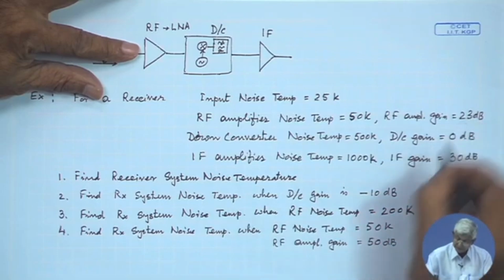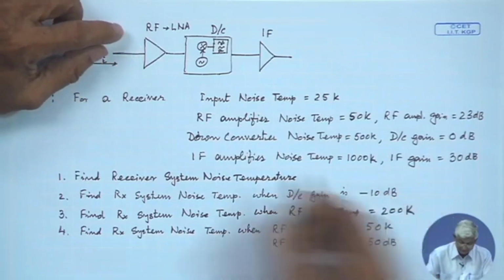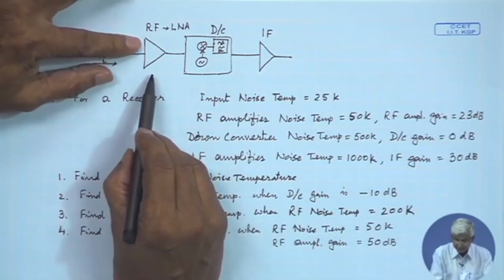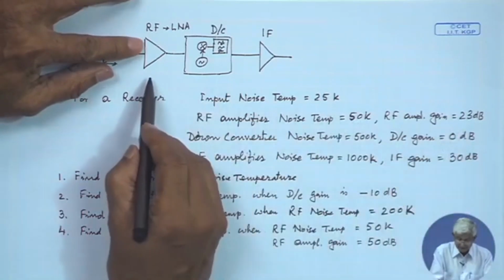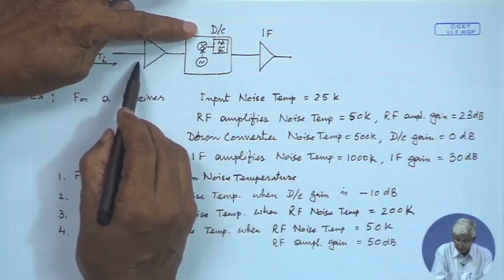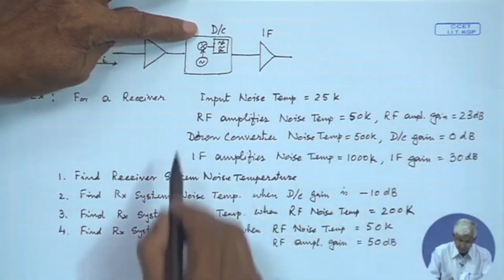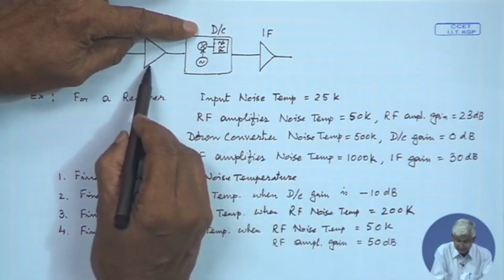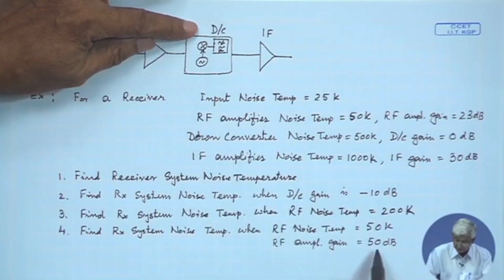Earlier it was 23 dB, I increase it to 50 dB. Then what is the effect? Obviously, we can find that for the first stage, the effective noise temperature we maintained at the same value of 50 K. The second stage was reduced by the gain of 23 dB initially in the first problem, and in the last problem the first stage gain is increased. So, this noise temperature will be reduced by this much gain.